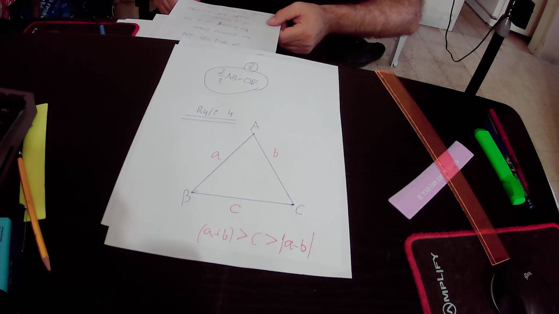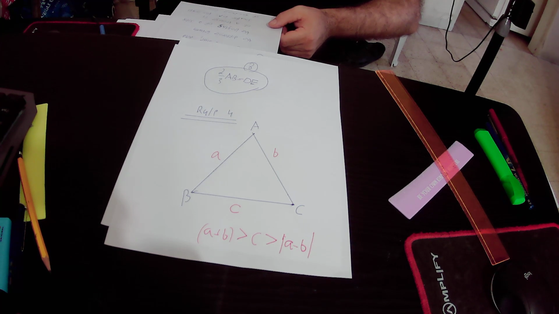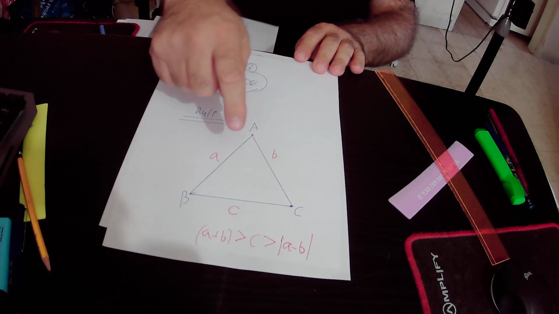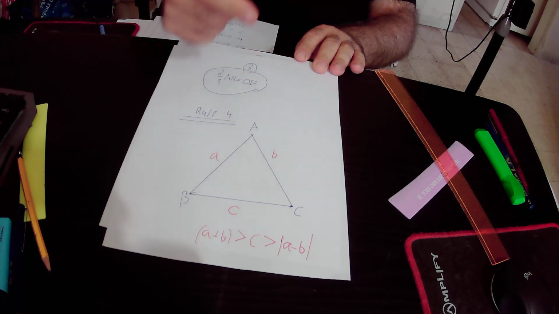So this rule states that the sum of the lengths of two sides of the triangle will always be greater than the third side. That is to say, A plus B will always be greater than C.